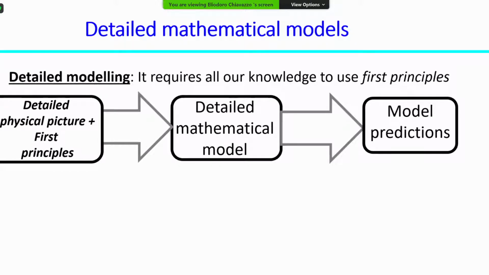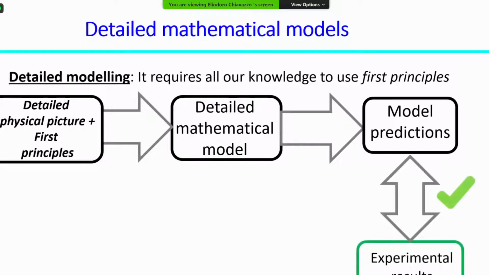So detailed modelings can be set up, and you have had one example described by Ali, for instance. This is possible when you have, from the physical knowledge, a clear picture of your system. You can start from first principles, write down your detailed mathematical equations, solve them, and nicely get agreement with the experimental result, as Ali has shown.